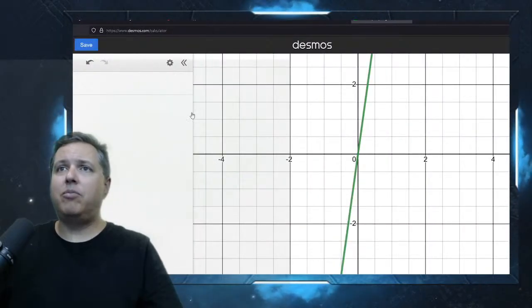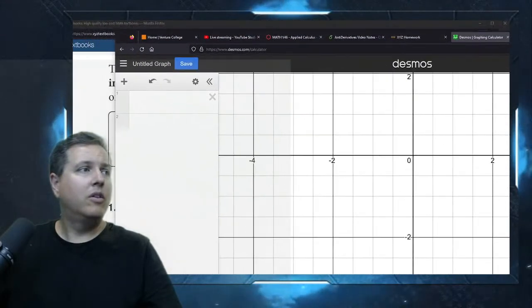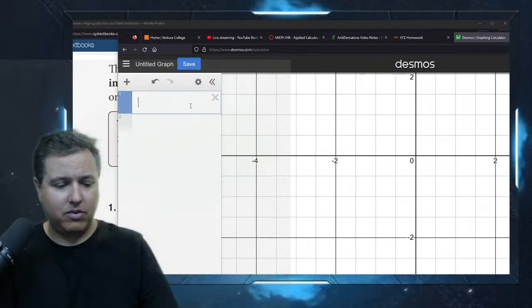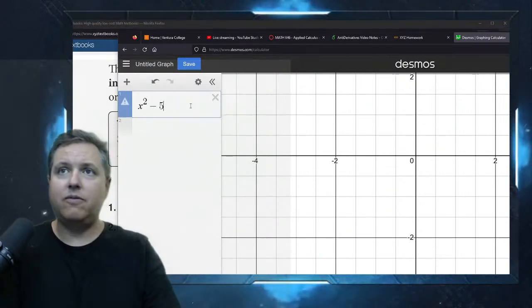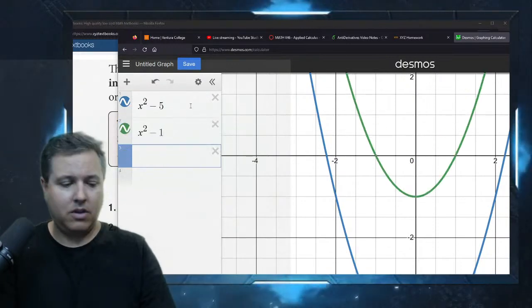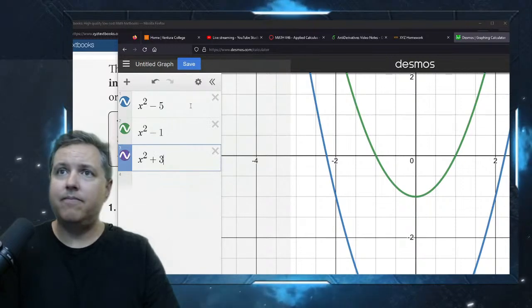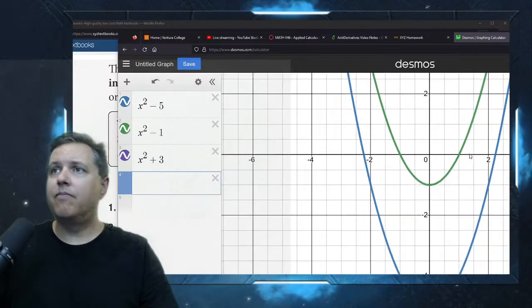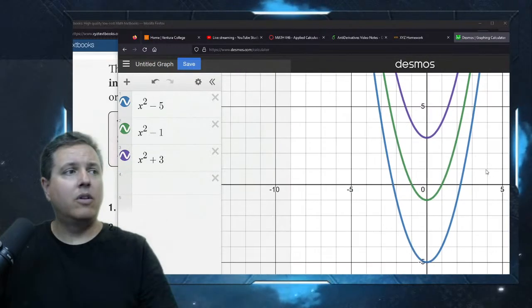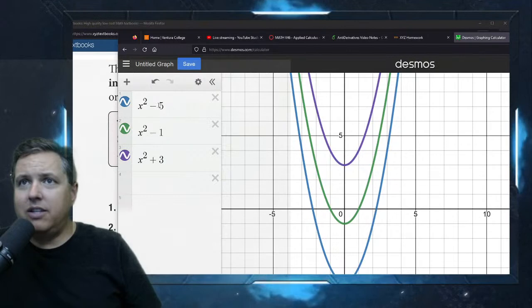Let's change this problem here. Let's do, for example, x squared minus 5, x squared minus 1, x squared plus 3. We're seeing all these different functions. These functions just differ by a constant, x squared minus something.